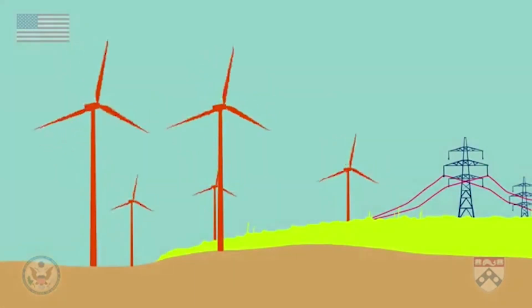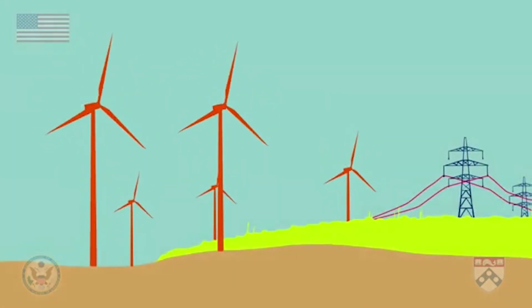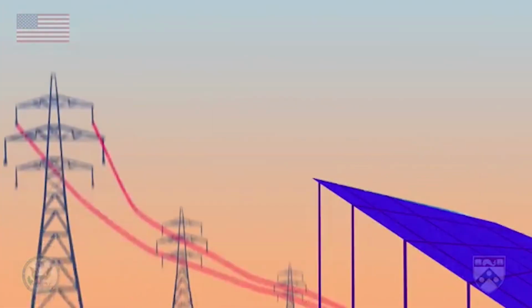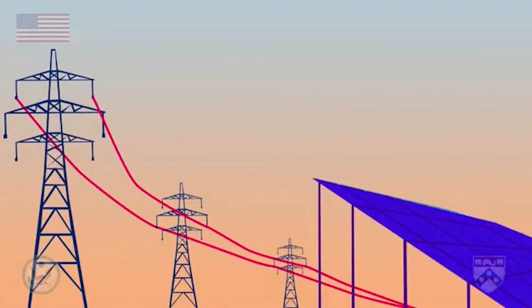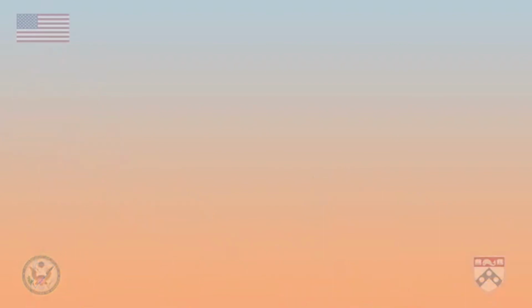Wind energy is power from the wind. And solar energy is power created by capturing the radiation of the sun. These types of energies are different because they are clean sources of renewable energy. This means they do not pollute our atmosphere with greenhouse gases.